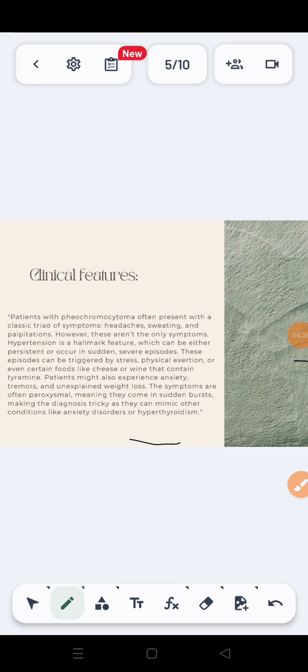You know, many diseases have triads, so this one also has a triad which we have to understand. First one is headache, second one is sweating, and third one is palpitations. However, these aren't the only symptoms. Hypertension is the hallmark feature, which can be either persistent or occur in sudden severe episodes.